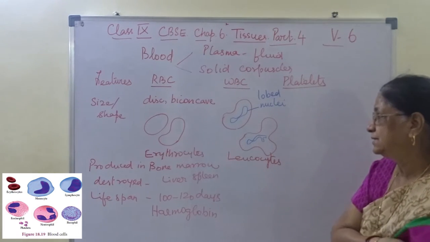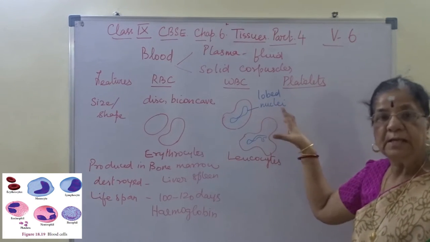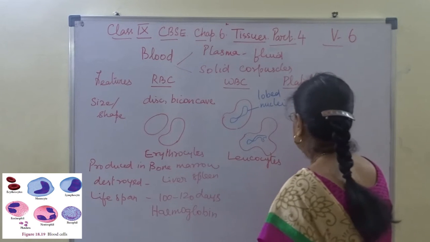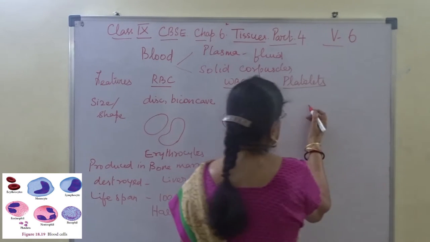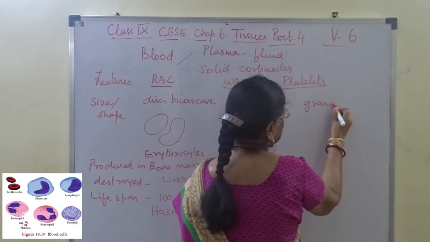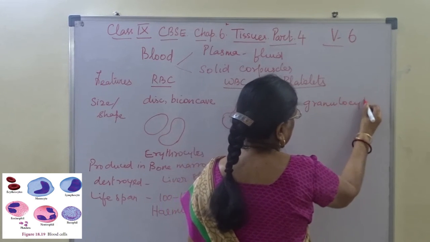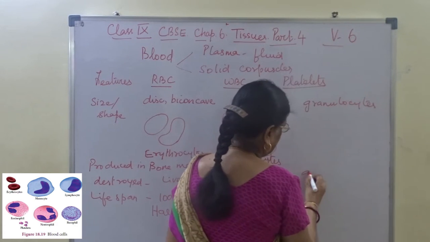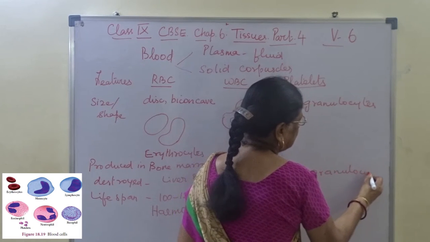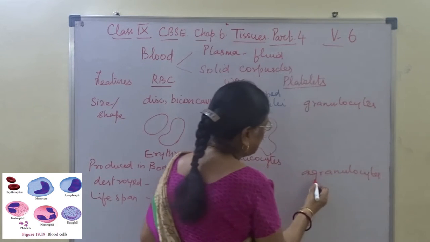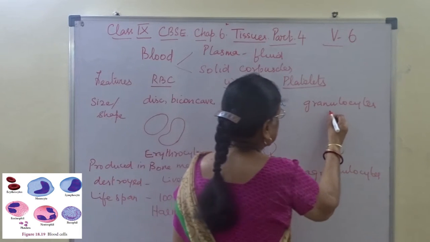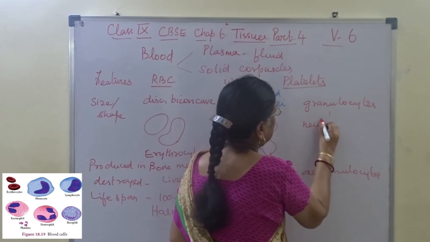Whereas WBC is somewhat irregular in shape. WBC is of 5 types, of 2 major kinds: granulocytes and agranulocytes.